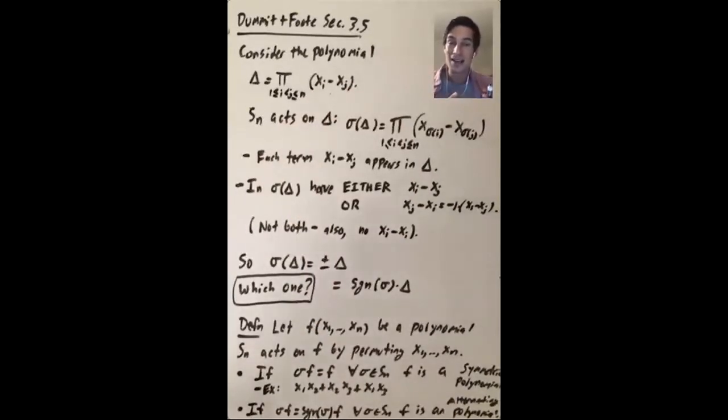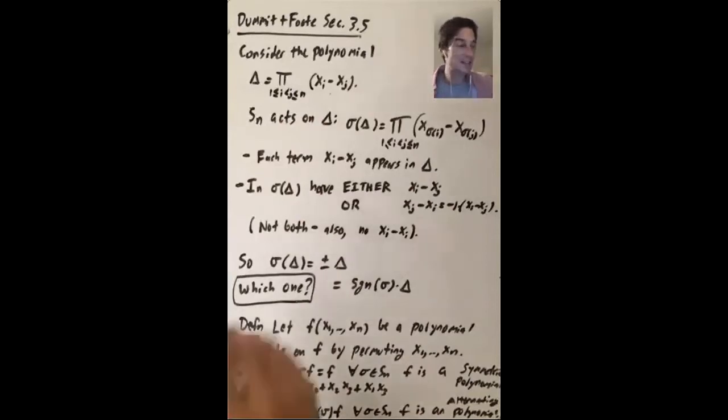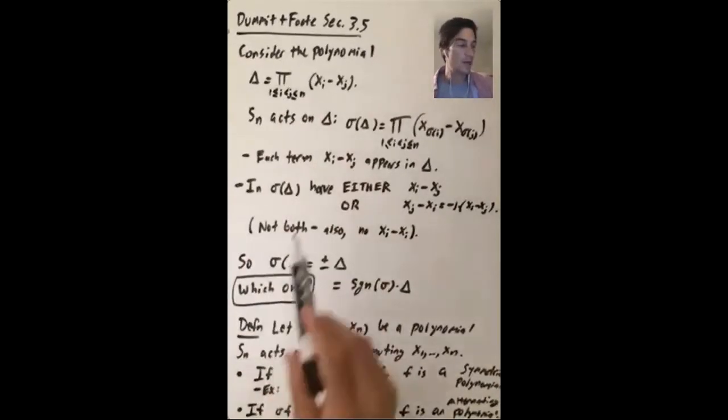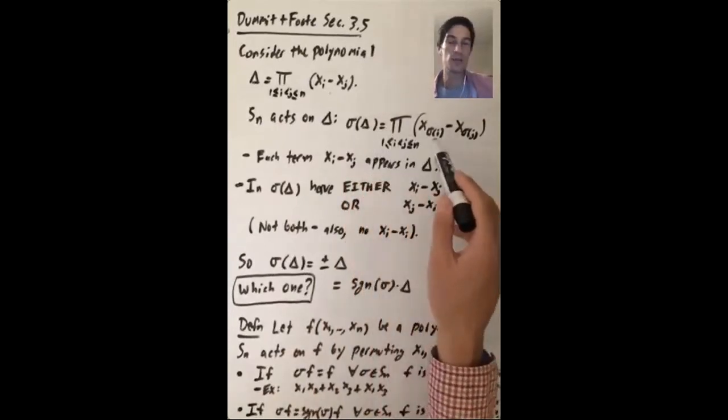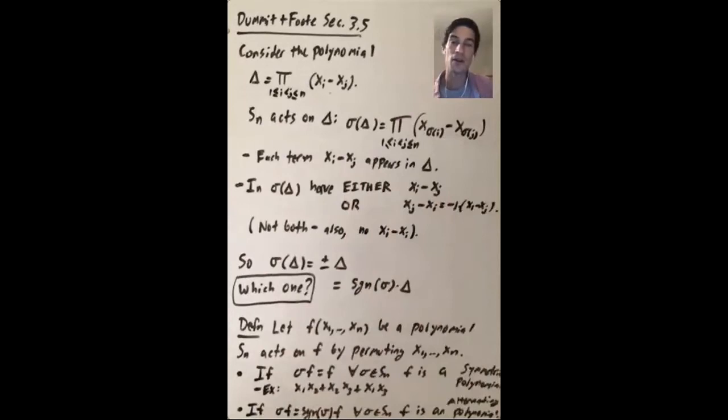The idea here is that Sn acts on this polynomial. What does that mean? We apply sigma to this polynomial by permuting the variables. So everywhere that we see an x1, we're going to replace it with x sigma 1. Everywhere we see an x2, we replace it with x sigma 2.